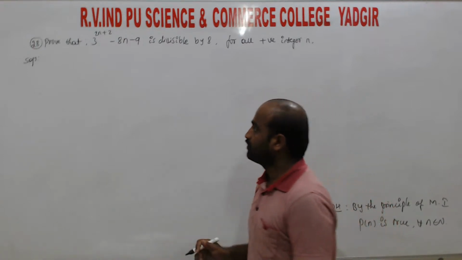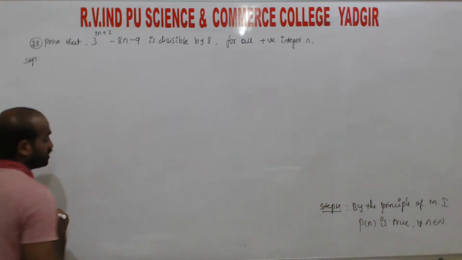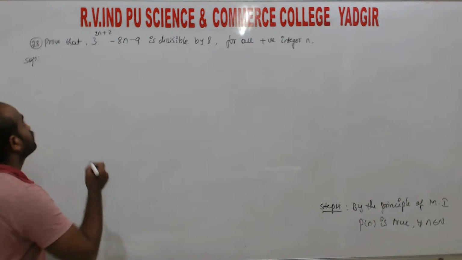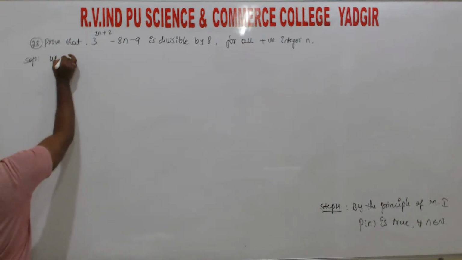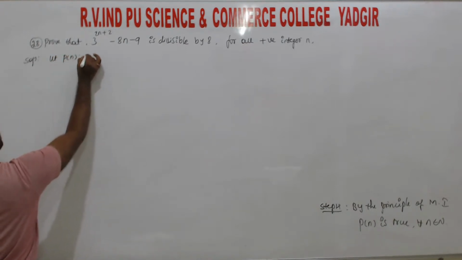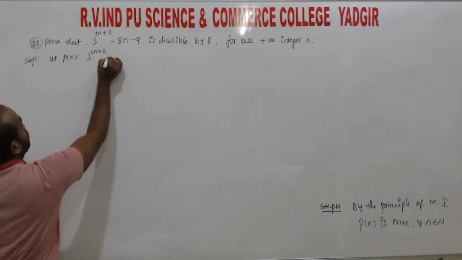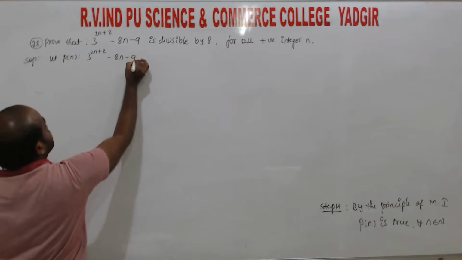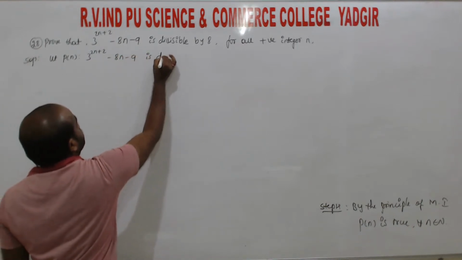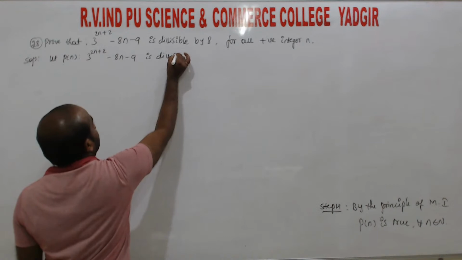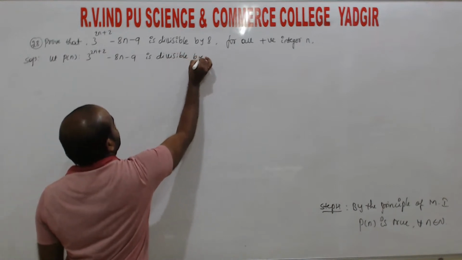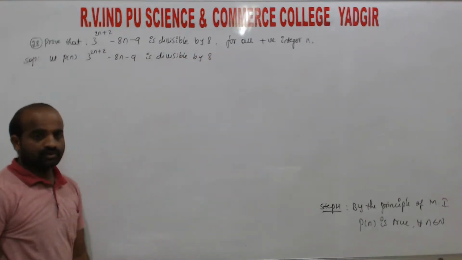Step 1. Verify the statement P of n is true for n equal to 1. Let P of n be 3 to the power 2n plus 2 minus 8n minus 9 is divisible by 8.